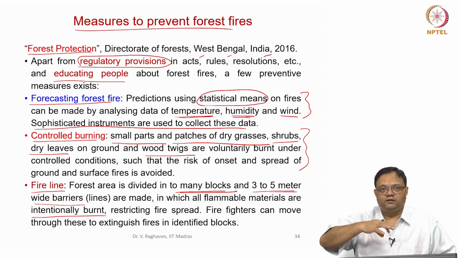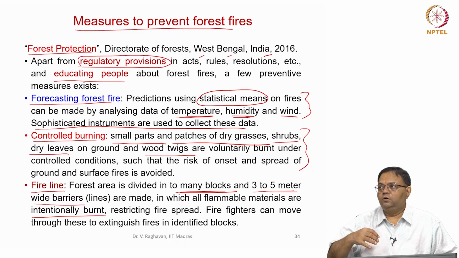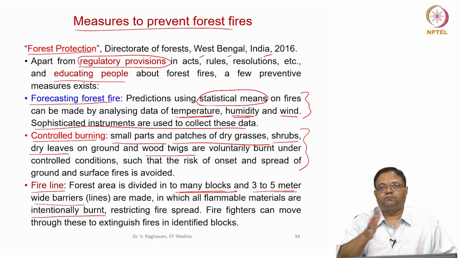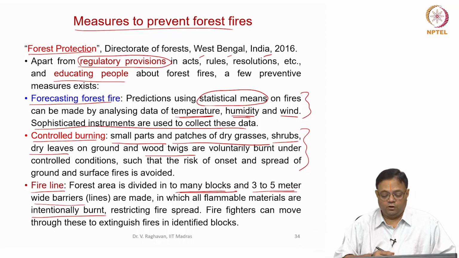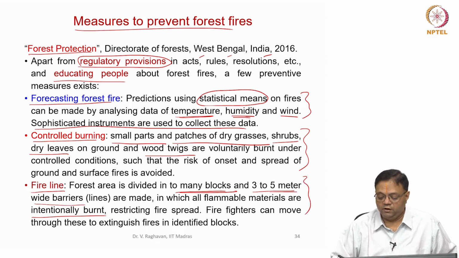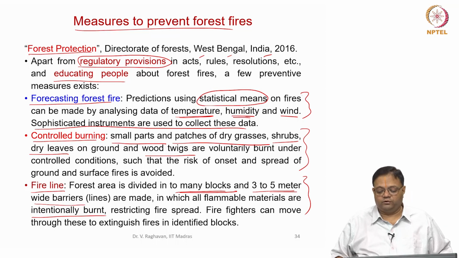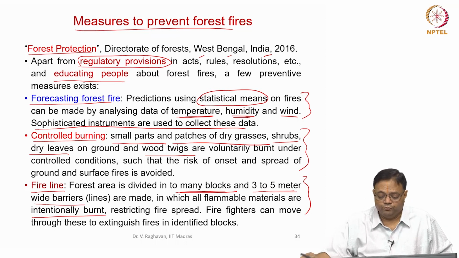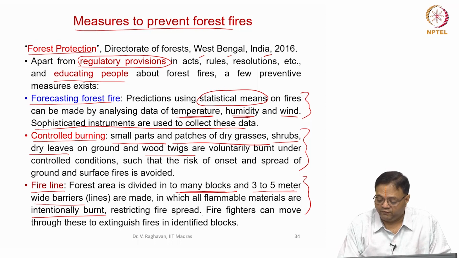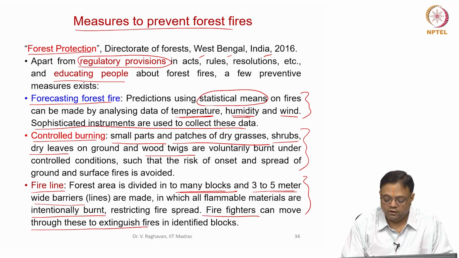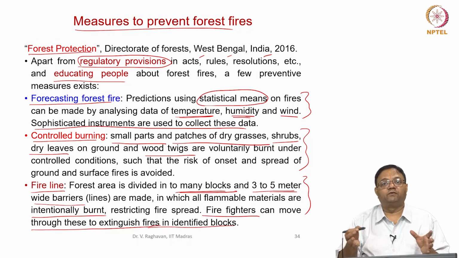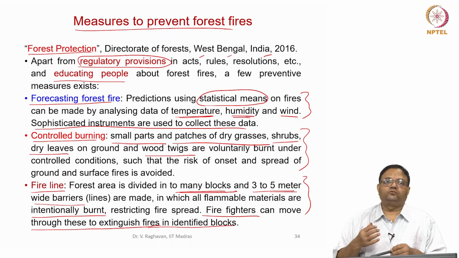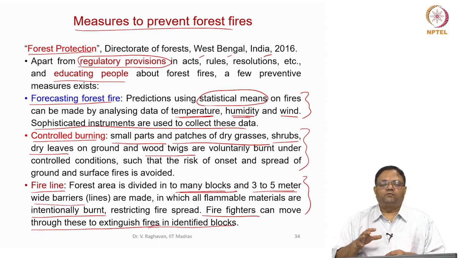So, if these lines are there, then what happens? The fire will not spread from one barrier to another barrier. So this is the third, where you can use the fire barrier lines to extinguish a forest fire. Firefighters can move through these and extinguish the fire in identified blocks. But again, it is possible only in a smaller forest or accessible forest, etc.